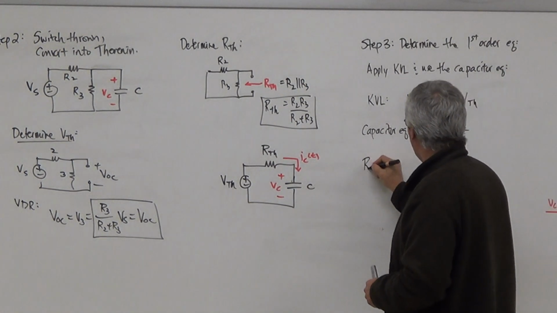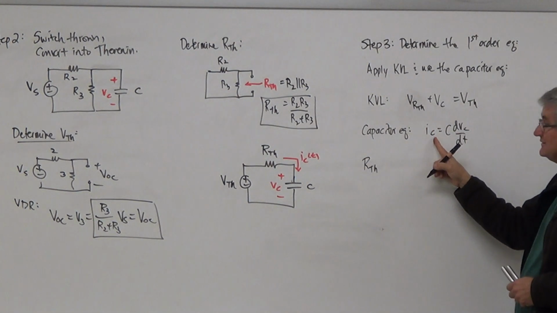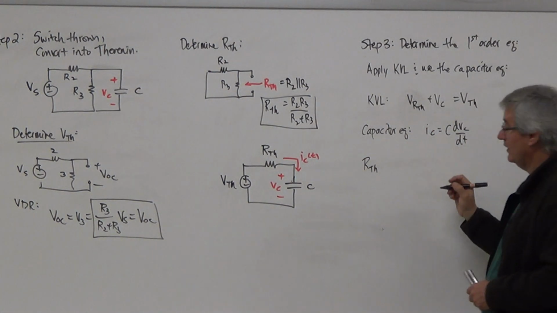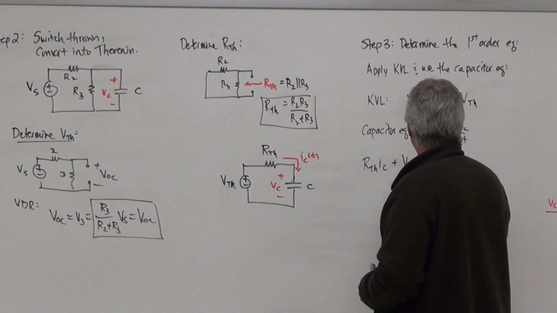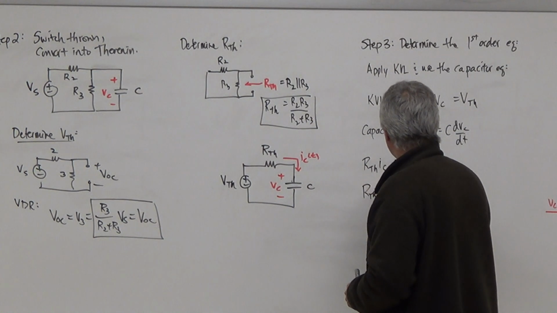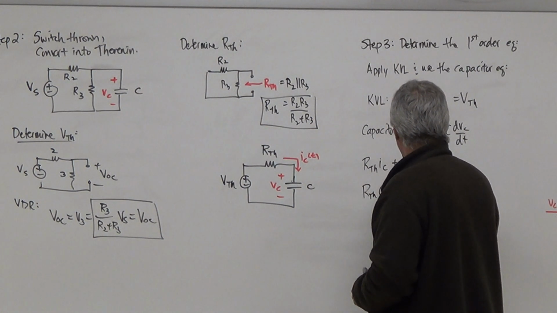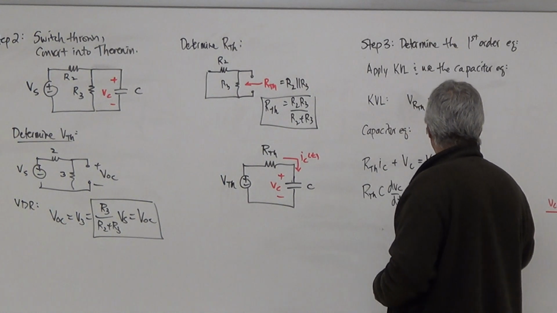I'm going to get RTH times IC here, right? Should I write this in? Yeah, why not? So then this is going to be RTH C dV/dt plus VC equals VTH.